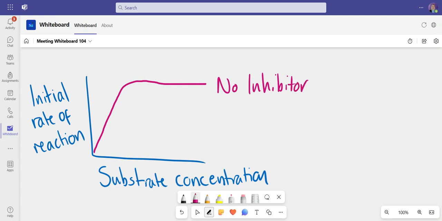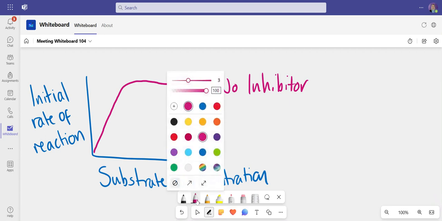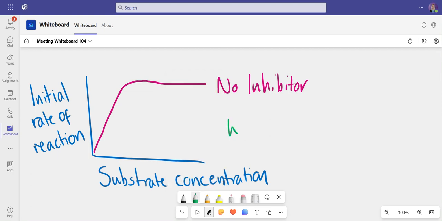Now, if we increase the substrate concentration, the rate of reaction will be, with a fixed concentration of a competitive inhibitor, so let's do the next line in a different color. With a competitive inhibitor, just with a fixed concentration of it, not varying it, we know that the rate of reaction is going to be less.